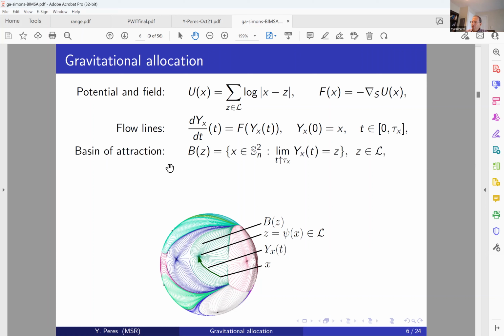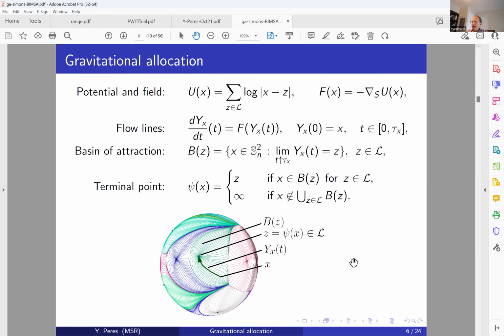The basin of attraction of a point Z is just the set of x's that converge to Z when you apply this dynamics. For every point x, C of x is the point that it's mapped to at the end, so it's Z if x is in the basin. There are a few points thrown to infinity which don't converge to any star, but we can show they have area 0.